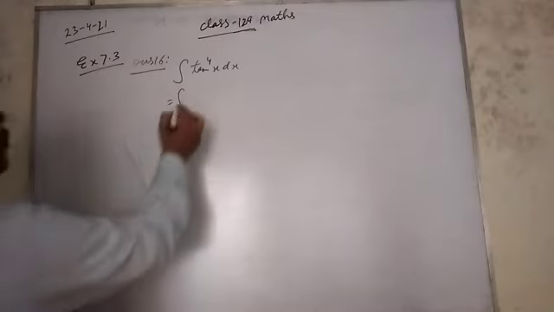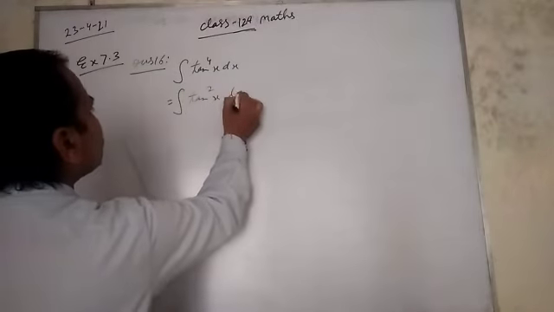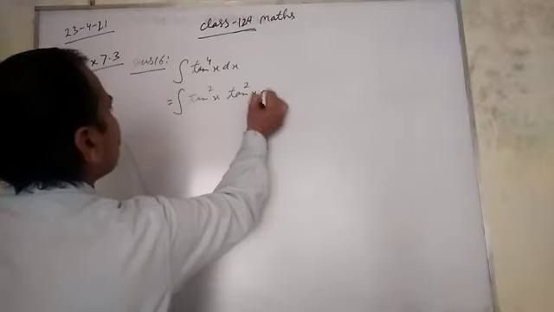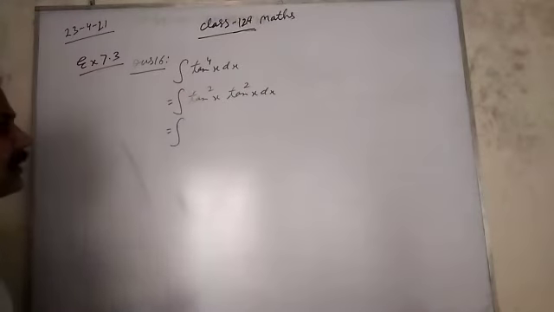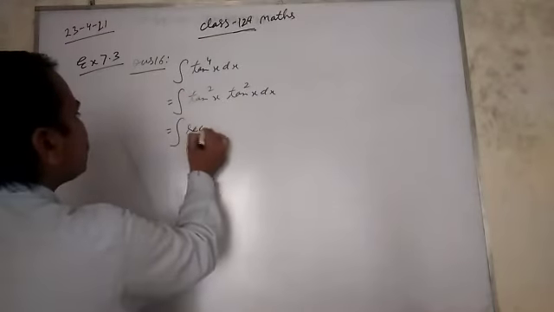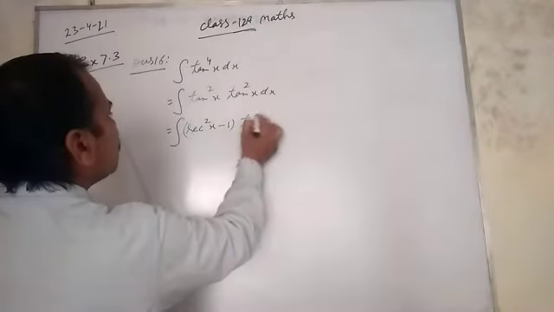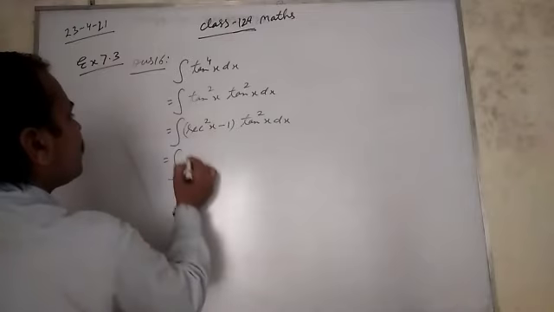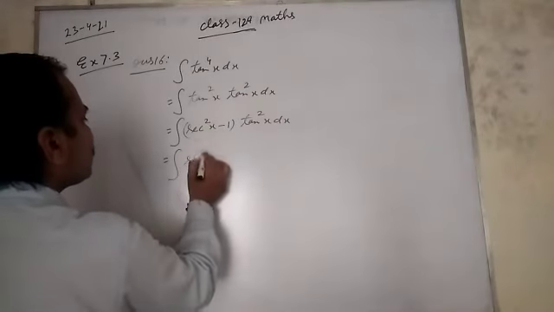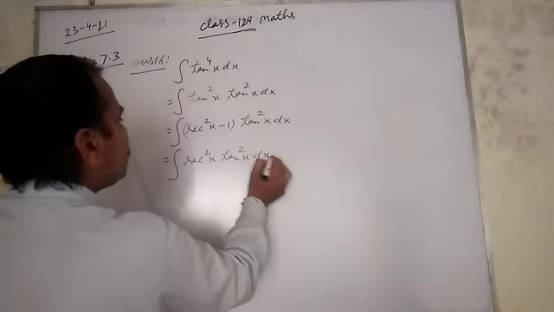So tan power 4 you write as tan square x into tan square x dx. One tan square x you write as sec square x minus 1, and this tan square x dx. So multiply it: sec square x tan square x dx minus tan square x dx.